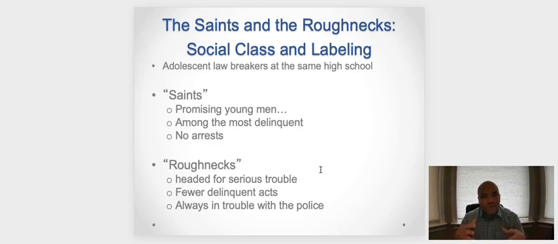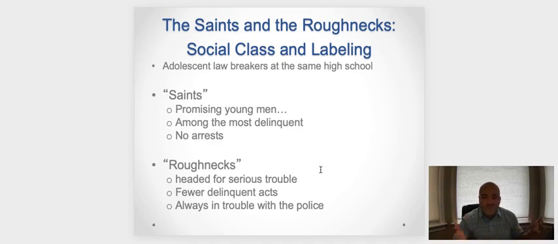One of the groups of kids were middle upper class kids, and the other groups of kids were lower working class kids. The middle upper class kids were identified by the researcher as the quote unquote saints, because this is how the people in the town referred to these boys. And the lower working class kids were identified as the quote roughnecks, because this is how the town referred to these boys.